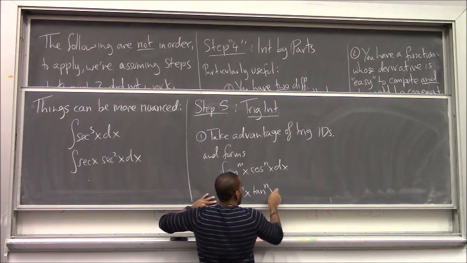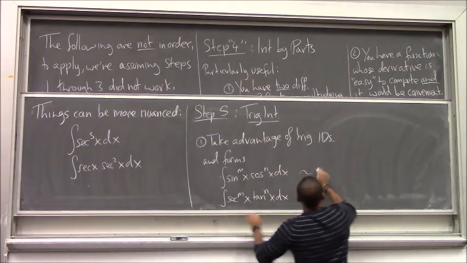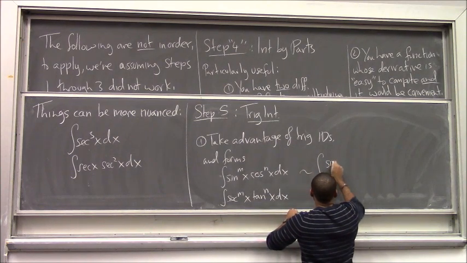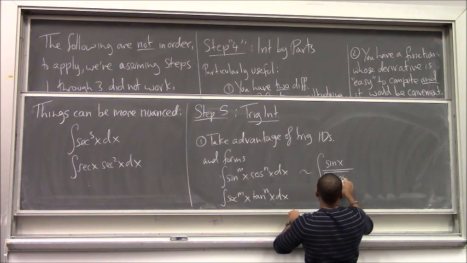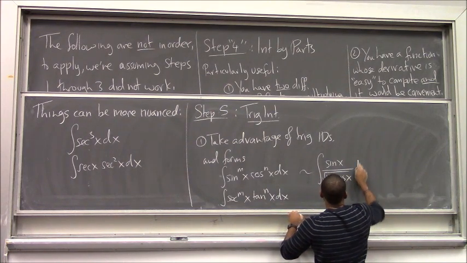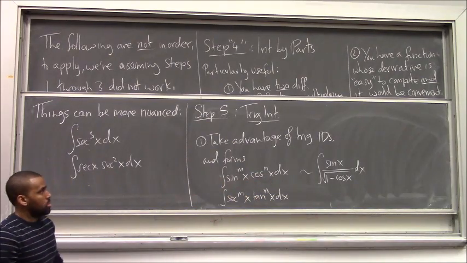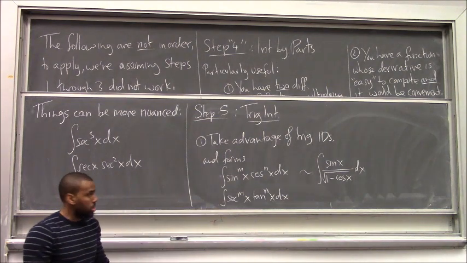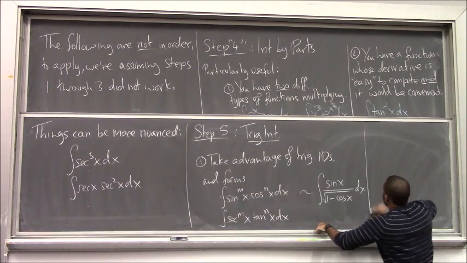We went through those cases, you know how to deal with them, and we also know how to deal with similar cases which involve trig identities like a sine x over a square root of 1 minus cosine x or something like that. Those guys, you just use trig identities, or one of the strategies that I mentioned with trig integrals. So if you see trig, you might try that.